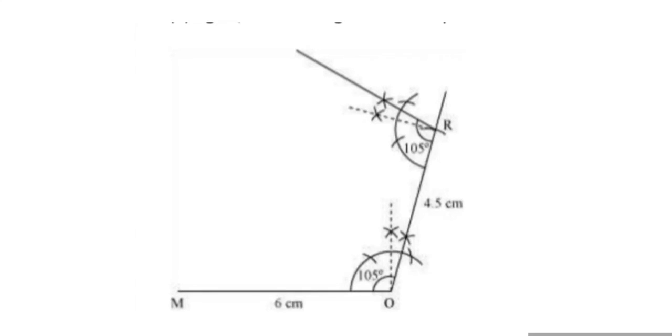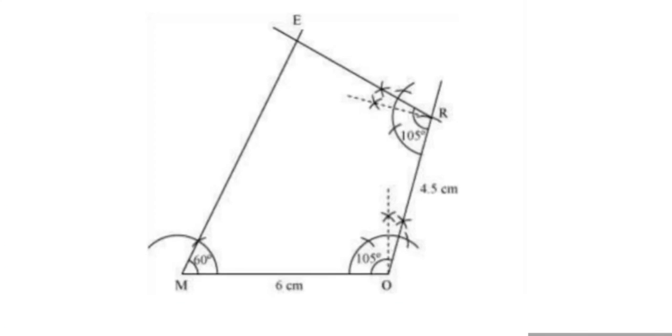Now again draw an angle of 105 degree at point R. Now draw an angle of 60 degree at point M. Let this ray meet the previously drawn ray from R at point E. Now MORE is the required quadrilateral.